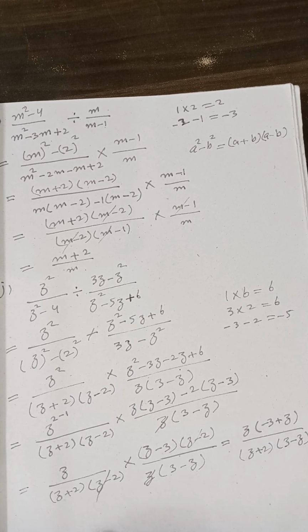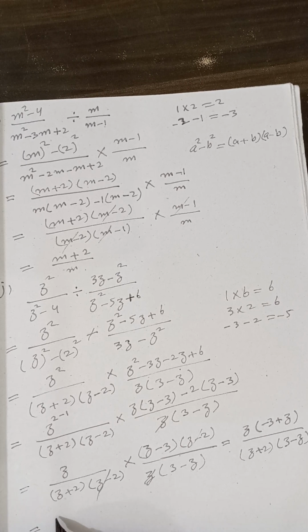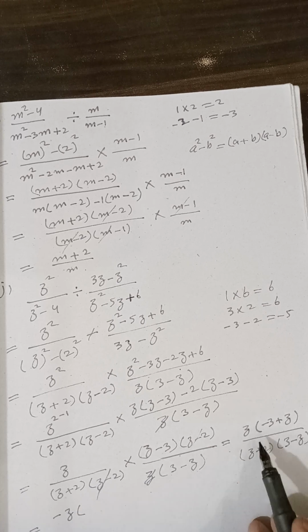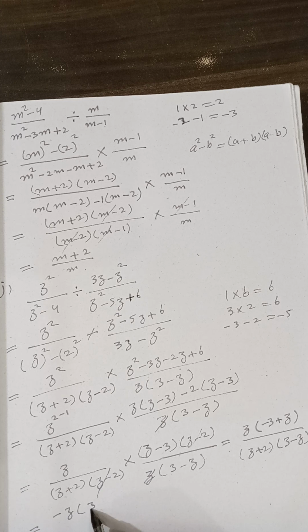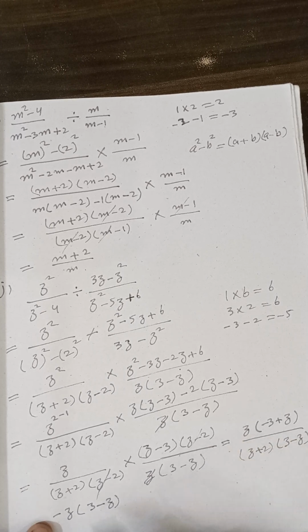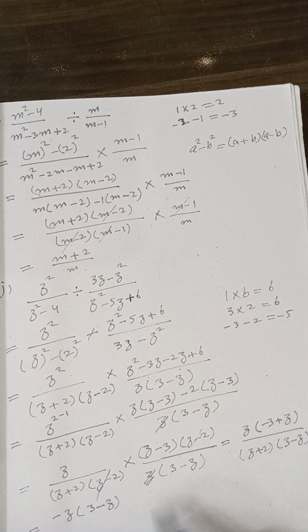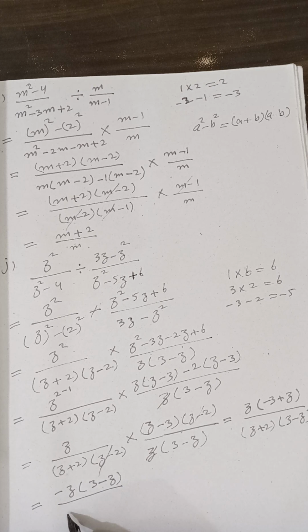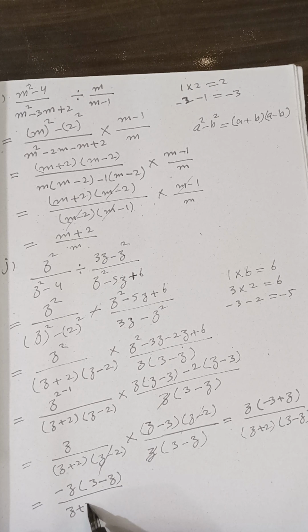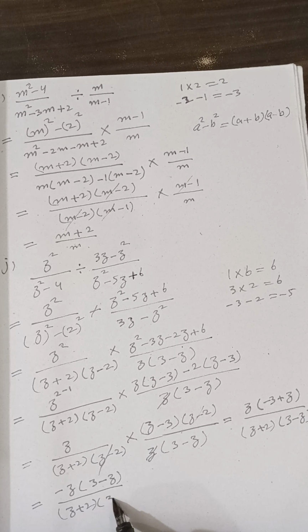Now take minus as common. If I take this minus as common, in the bracket there will be 3 minus z. Due to taking this minus as common, the inner sign will change, and in the denominator write z plus 2 over 3 minus z.